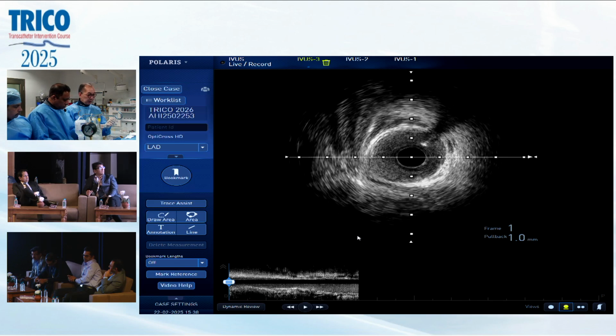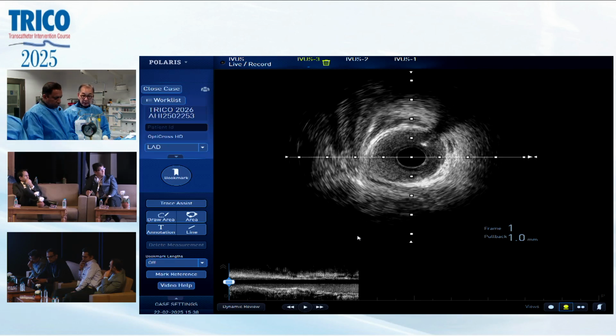The reason we don't like to do a lot of kissing nowadays is the observation data when we analyzed our DK crush trial. When you had the kissing, the MACE increased in the patients who underwent kissing.